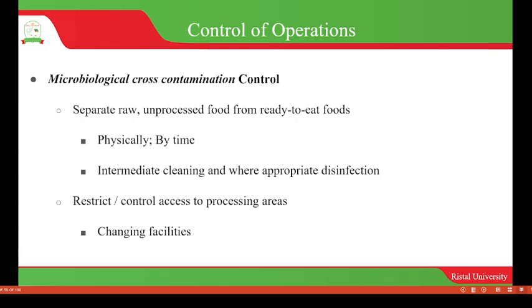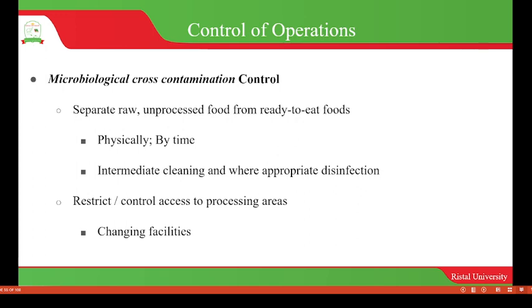Then we have to restrict or control access to processing areas so that people who are sick are not allowed to enter into the processing area, or idle individuals will not be allowed to enter, to avoid carriage of pathogens which can result in cross contamination.